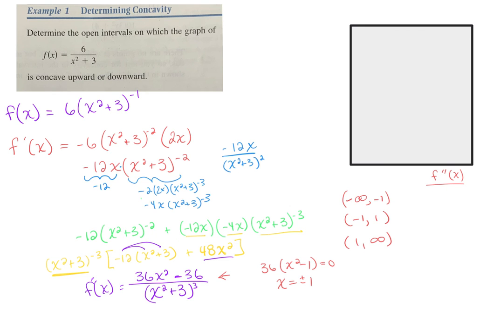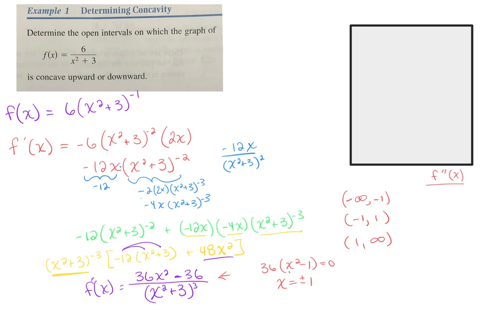All right. Let's take -2, okay? Now I already said the bottom's always going to be positive, yes? Isn't that true? Because I'm going to square any number and add 3. So I already know that my denominator's positive. So all I really have to worry about is my numerator. If my numerator's negative, the whole thing's negative. If my numerator's positive, the whole thing's positive, right?